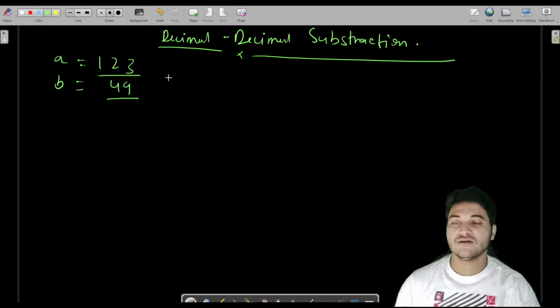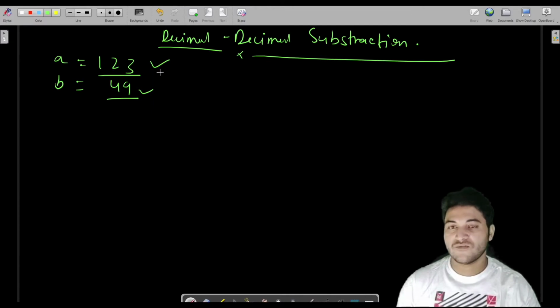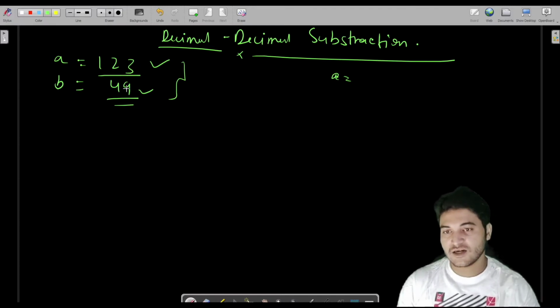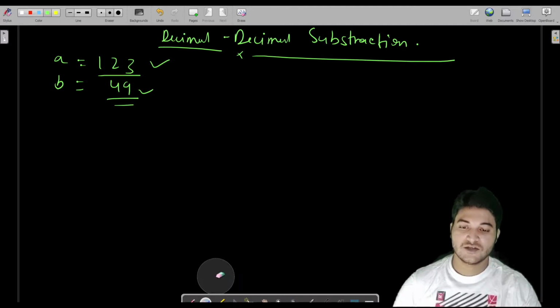We can assume the first number will always be greater than the second. Or we can take the maximum of the two and subtract the minimum from the maximum. But for now I am taking the first number as greater and the second as lesser.